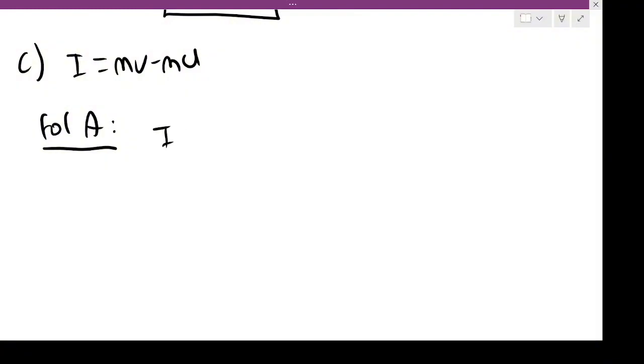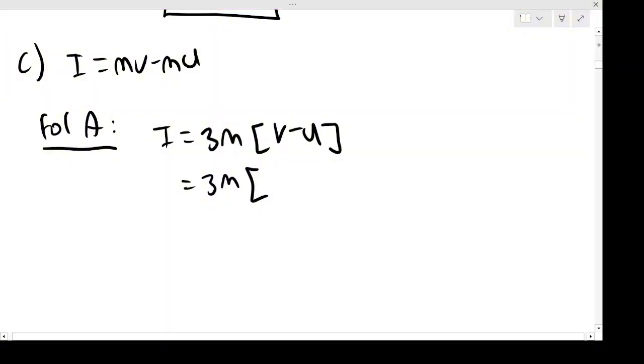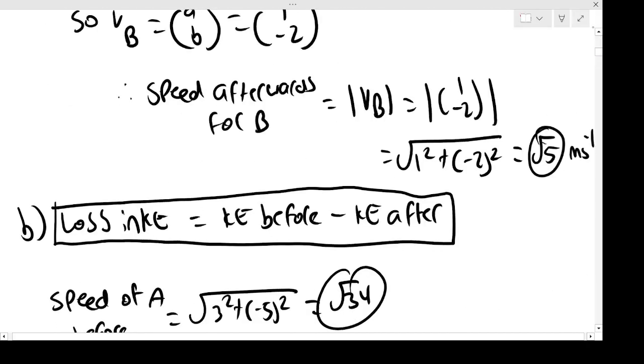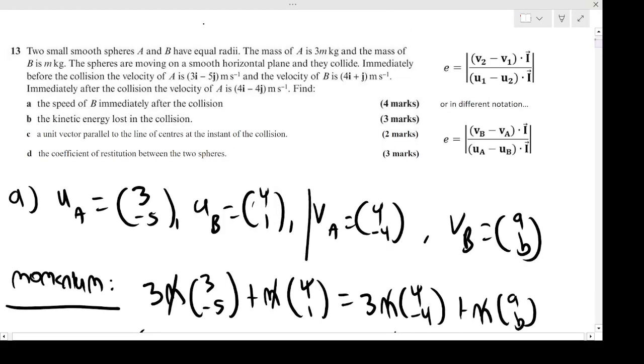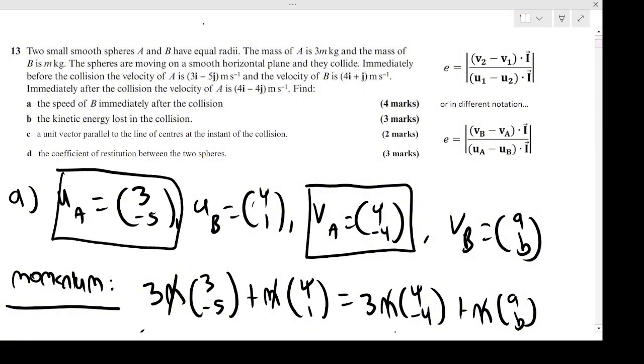Anyway, so for A, impulse. Now for A, the mass is 3m, so it's going to be 3m lots of v minus u. Hopefully happy with that. Now again, I'm just going to use the vectors as a whole, because I can't split things up in terms of just i and j. So for A, the final vector is (4, -4), and initially it's (3, -5).